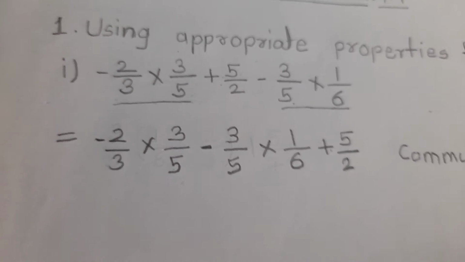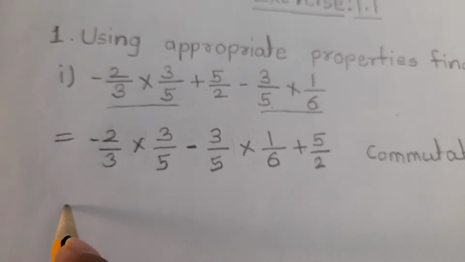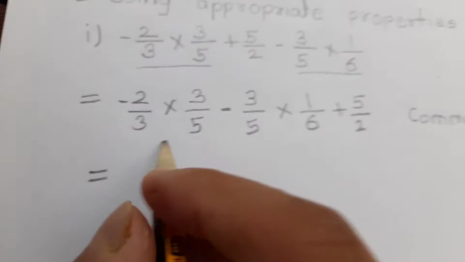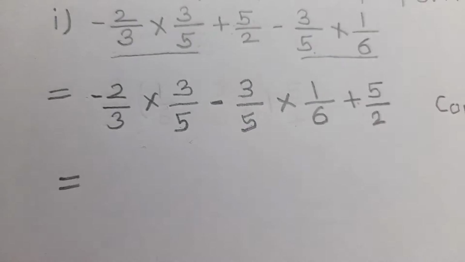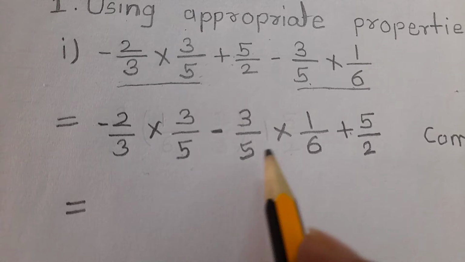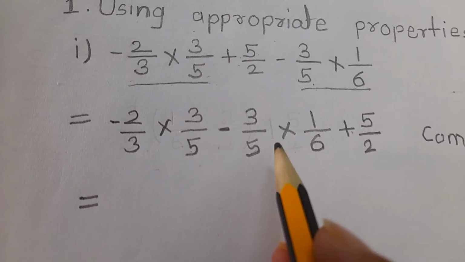Now we can see that 3 upon 5 is a common factor in both terms. Then we can take it as a common factor.